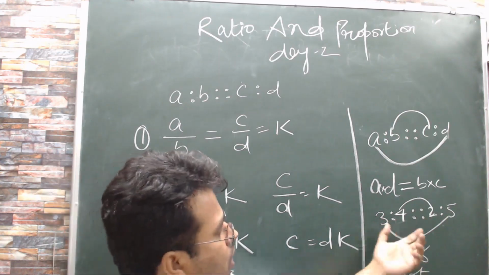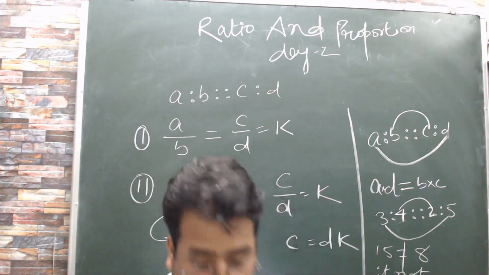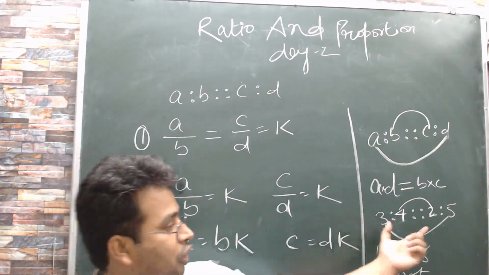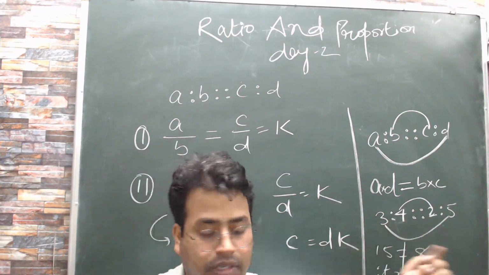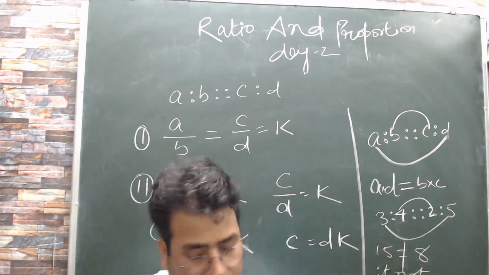So here, this is not a correct proportion, right? If you need to check whether some ratios which you have been given are in proportion or not, we can check it by using this.